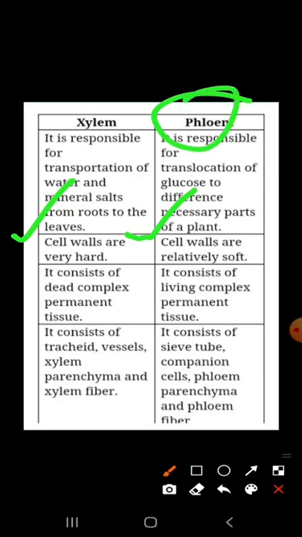Xylem consists of dead complex permanent tissue and phloem consists of living complex permanent tissue. Xylem consists of tracheids, vessels, xylem parenchyma and xylem fibers. Phloem consists of sieve cells, companion cells, phloem parenchyma and phloem fibers.